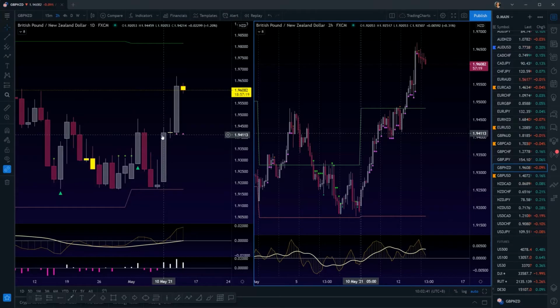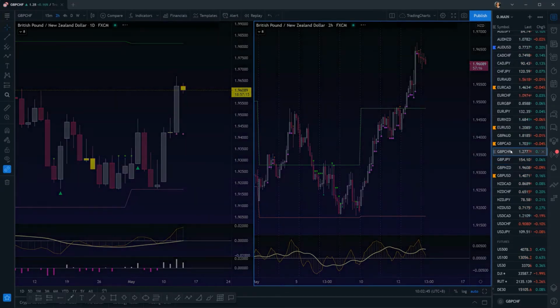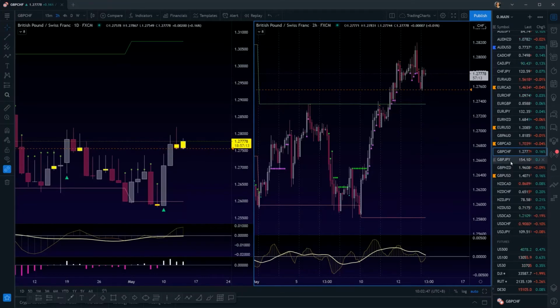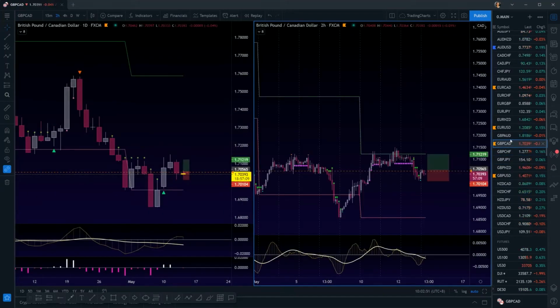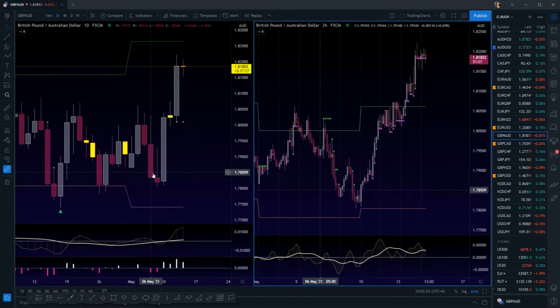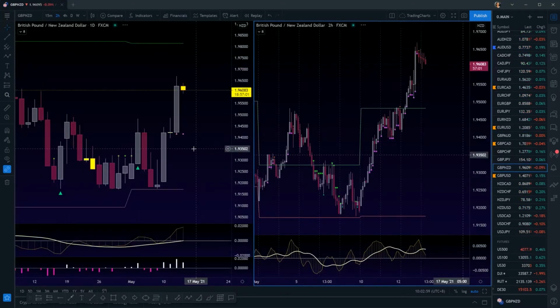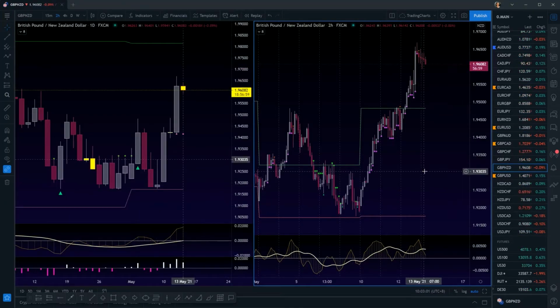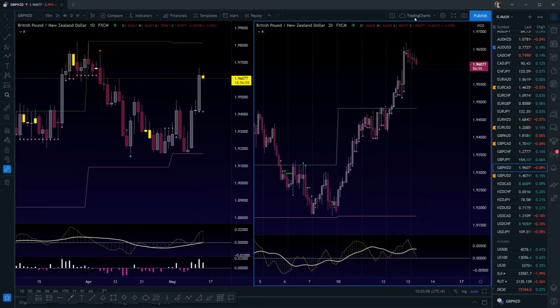We got a momentum up, a rest, a momentum up, so it's almost similar to, was it Aussie dollar? Yeah, British New Zealand and British Aussie, very similar price action. So normally like that, I'm not gonna do anything. I'm just gonna leave it.